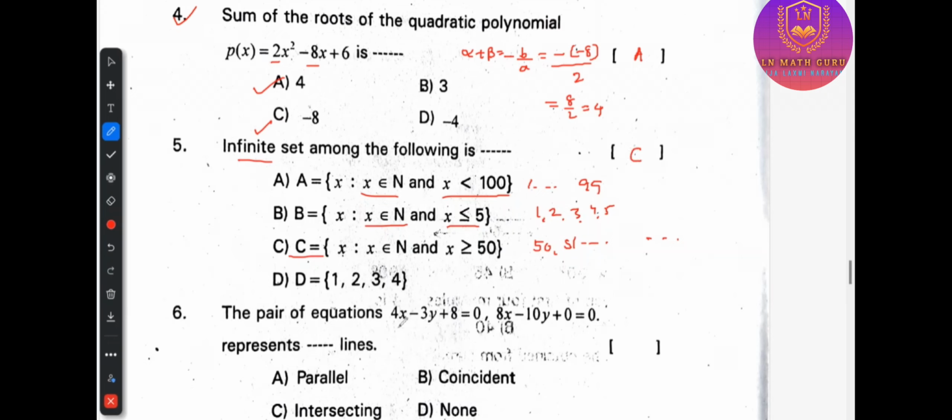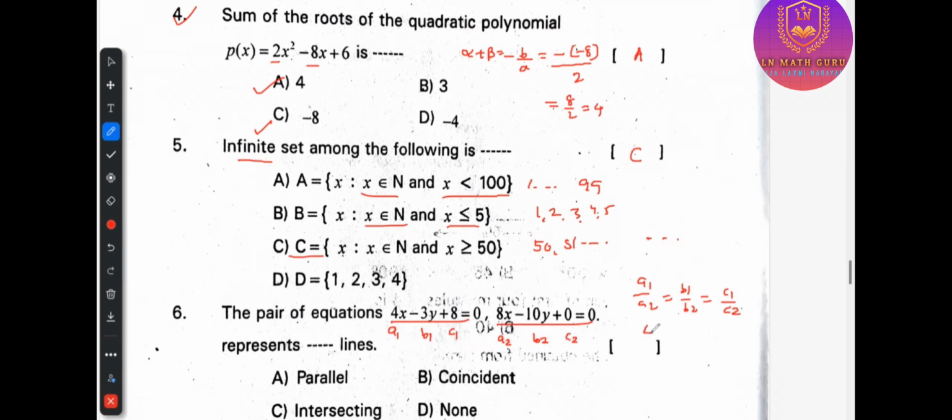The next question: the pair of equations 4x minus 3y plus 8 equals 0, 8x minus 10y plus 0 equals 0 represent. So now we can see the condition for the lines which are parallel, intersecting or coincident: A1 by A2 equal to B1 by B2 equal to C1 by C2. Now A1, the coefficient of x in the first equation, B1 the coefficient of y, C1 the constant. Similarly in the next equation, A2 is the coefficient of x, B2 the coefficient of y, C2 the constant term.